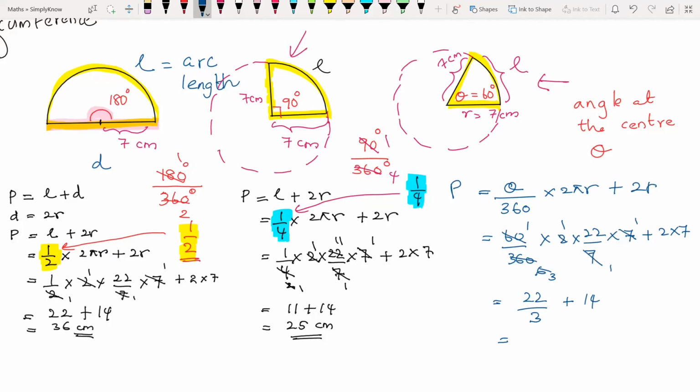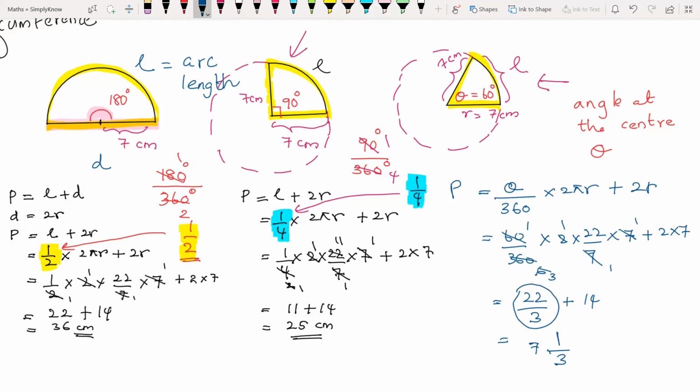Here I'm going to keep my answer as a fraction. Now turn this improper fraction into a mixed number. Our denominator is same. So 3 times 7 is 21. 22 minus 21 is 1. Remainder is 1.